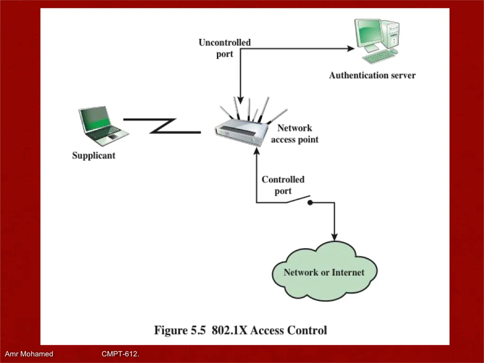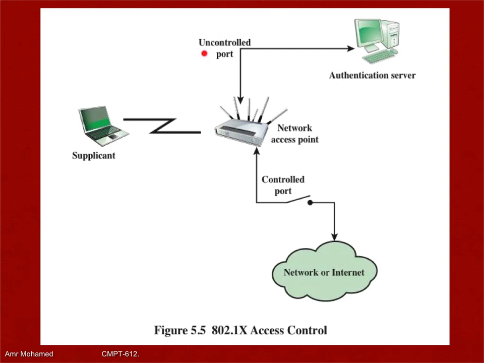So this is the control port that we are trying to activate through the authentication. If we authenticate ourselves to the authentication server, and the answer is success, we can now have access. It's like this port was closed, and now we have an authenticated port, so we can have access to the network.